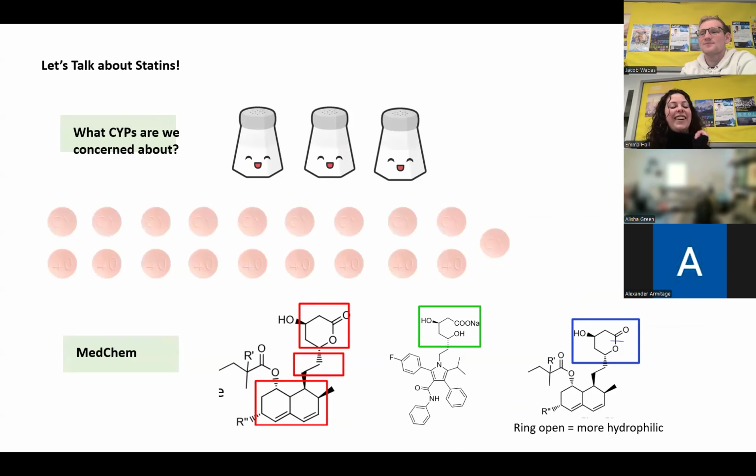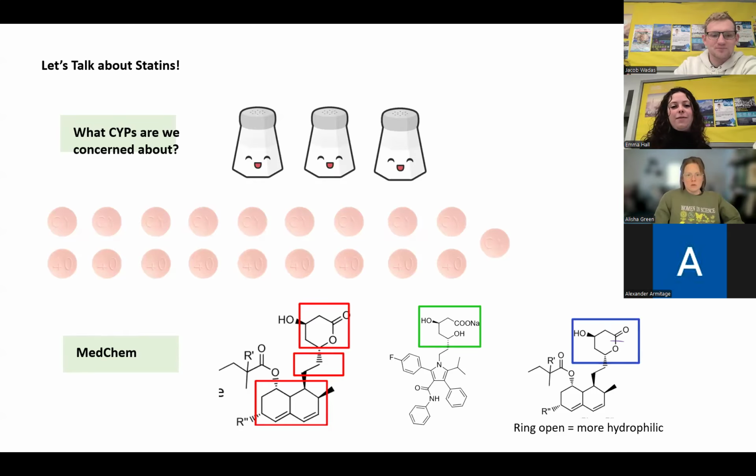Okay, for our statins, I created this little thing because I think it helped me learn and memorize the CYPs, because you get so many CYPs thrown at you, and this just helps you remember. With our statins, remember we're concerned about CYP3A4 specifically for SAL: simvastatin, atorvastatin, and lovastatin.